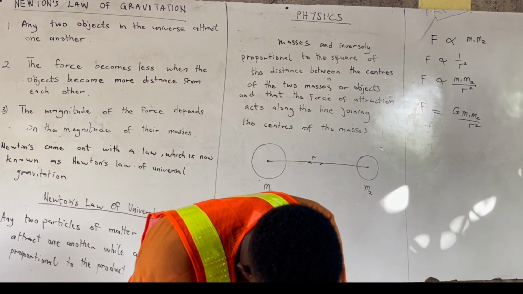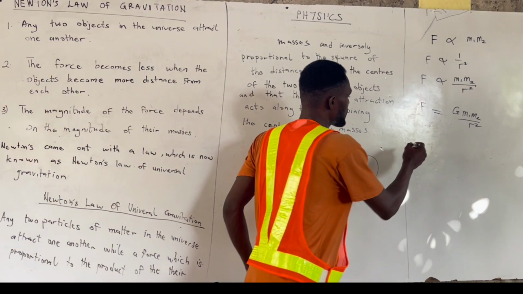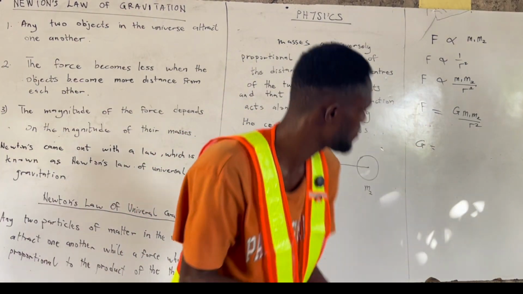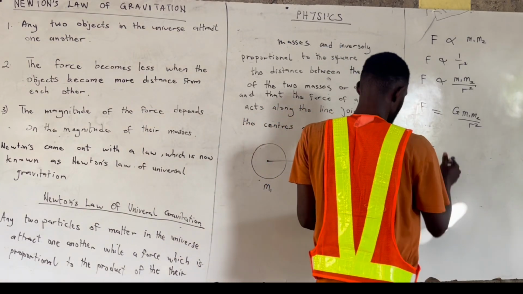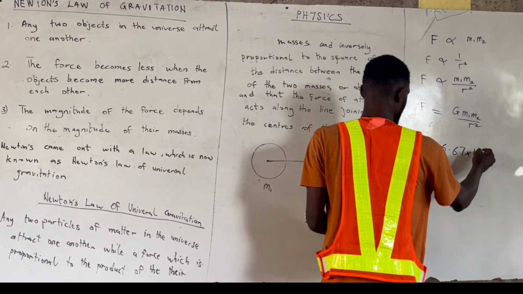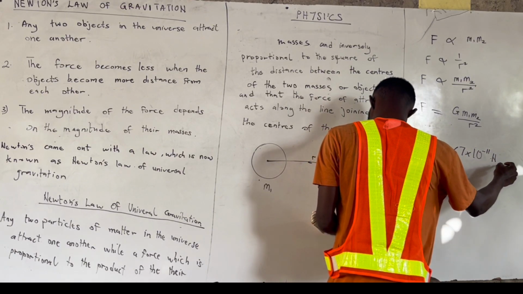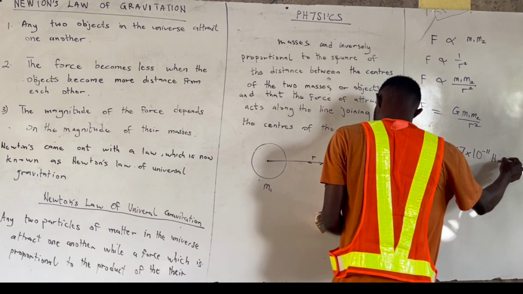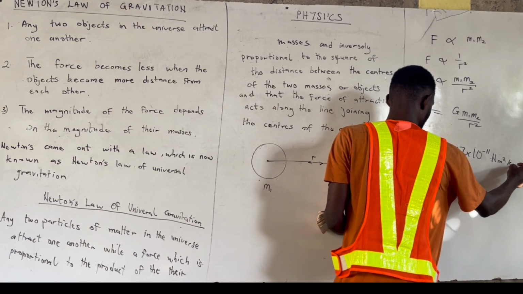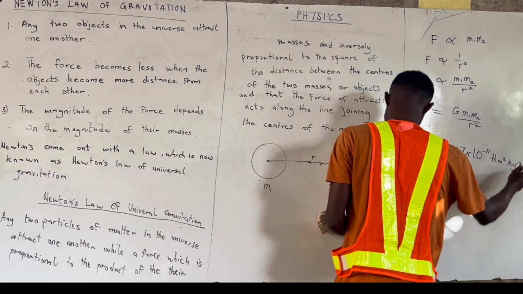It is a constant. So the value of G, let me write it down. G is equal to 6.67 times 10 raised to the power negative 11 Newton meter squared per kilogram squared.